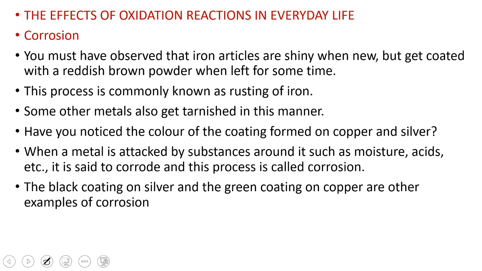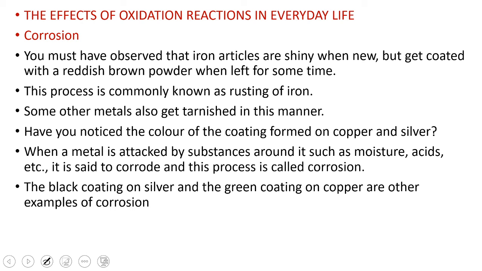Right. Next. So what are the effects of oxidation reactions in our everyday life? One is corrosion. If you observe iron articles, initially they were shining when you bought them, but after some days they are not shining and form a reddish brown color coating on the iron articles.